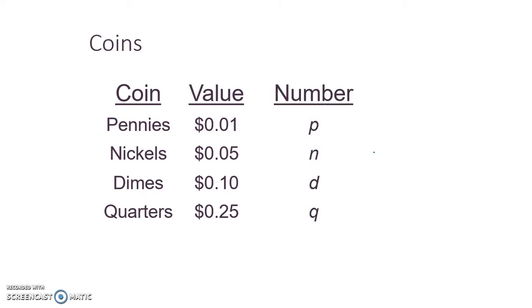And then to give a number assignment, we could say pennies are worth P, nickels would be N, D for dimes, quarters. So this is their value, that's how much they're worth. This is the how many of each. So when we have our number, it's how many of each. So how many pennies are there?